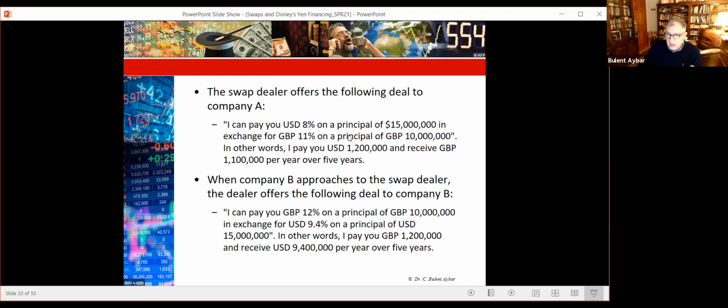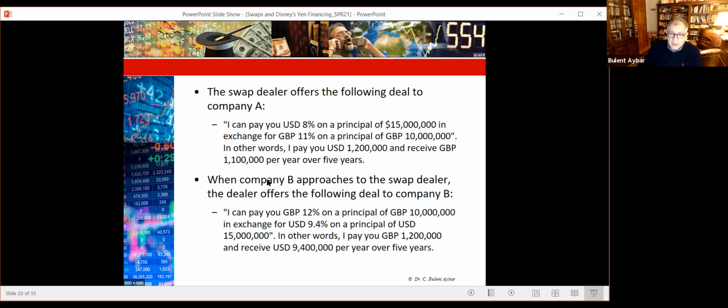So essentially, at the spot market, the 15 million US dollars is equal to 10 million British pounds at the given prevailing spot rates. As a result of that, the swap dealer says, I'll pay you 1.2 million US dollars, which is 8% on 15 million principal. And in exchange, we'll accept 1,100,000 pounds on a principal of 10 million in the deal.